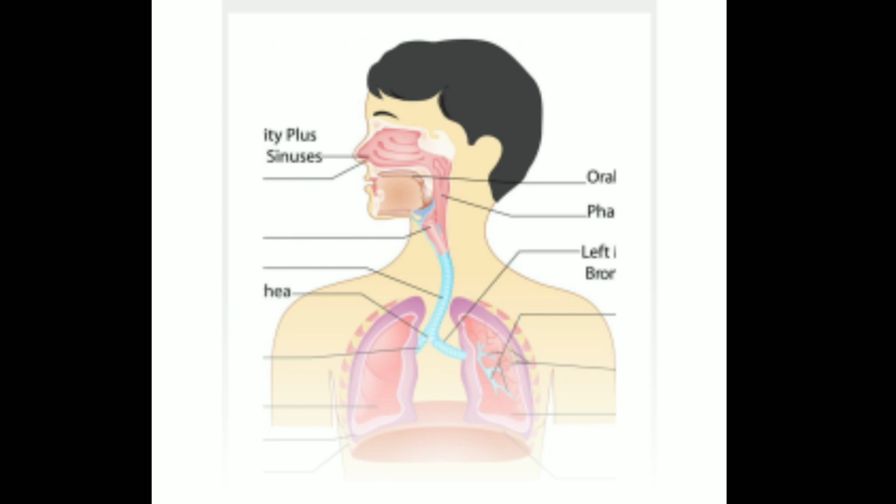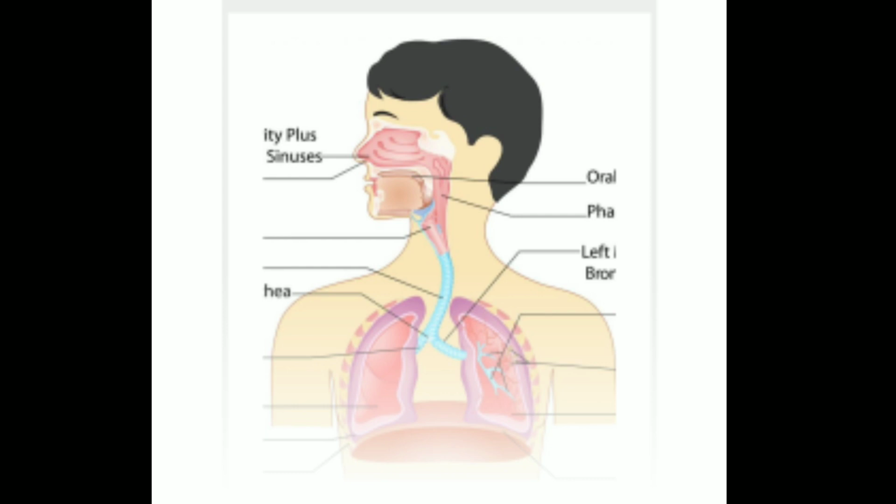Now, we will discuss respiration. You know that living things need oxygen to live. Inhaling oxygen and exhaling carbon dioxide formed in the body due to the use of oxygen is called respiration.